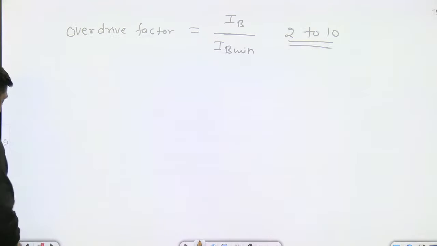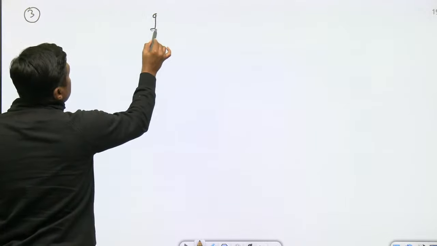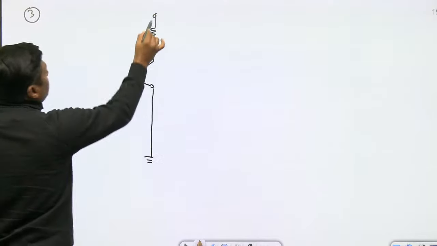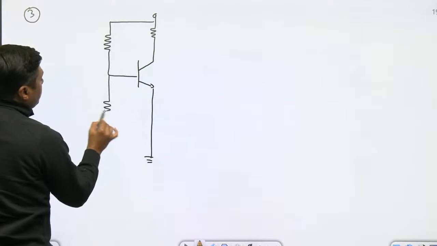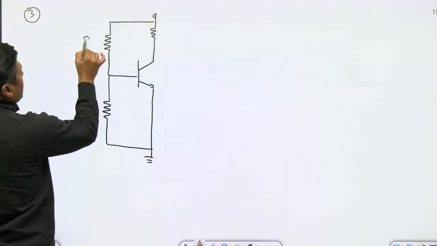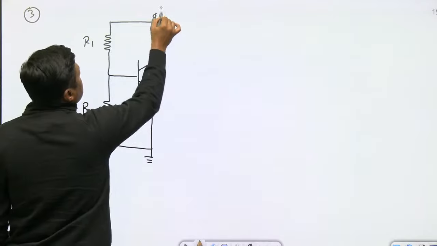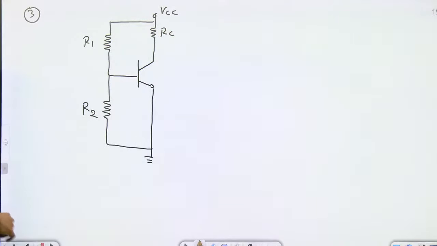The third type of circuit is again a fixed bias circuit. Here we are providing a potential divider, R1 and R2. And this is RC, this is VCC. So that is the circuit. It is a potential divider circuit.